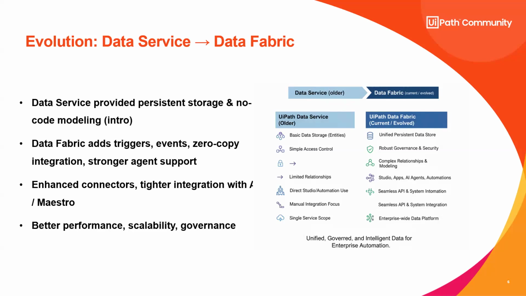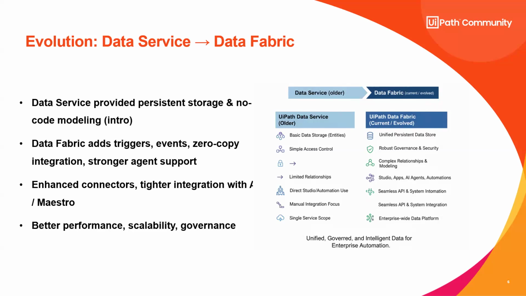It allowed us to define entities, store records, and use them in automation, all without needing an external database. But as automation needs grew, so did the limitations of the data service. That's where our data fabric comes in.